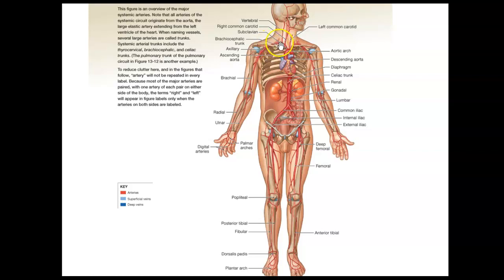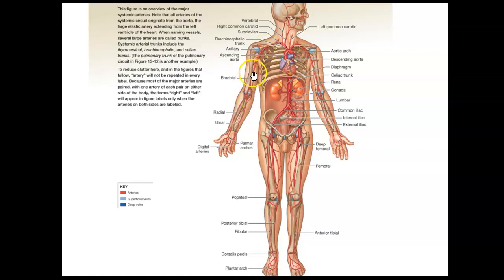The brachiocephalic trunk is the right branch off of the aortic arch, and it's continuous with, it becomes, the subclavian artery. So brachiocephalic trunk, subclavian artery, which then becomes the axillary artery.